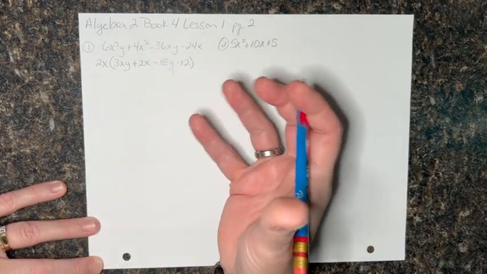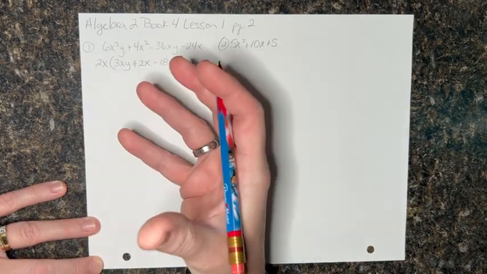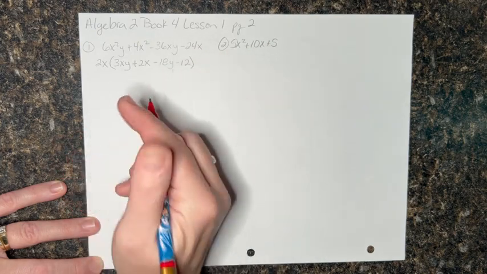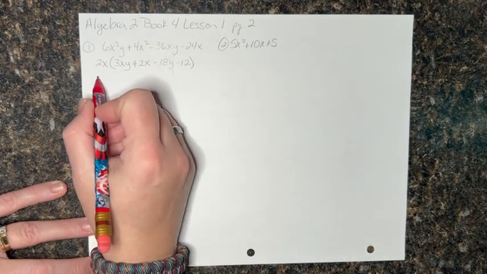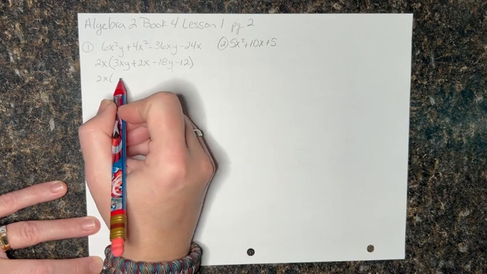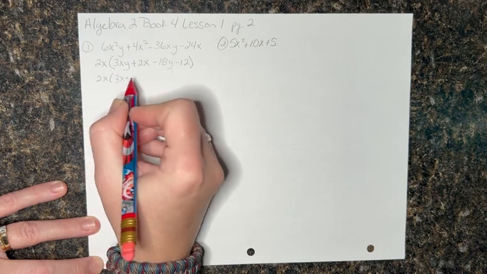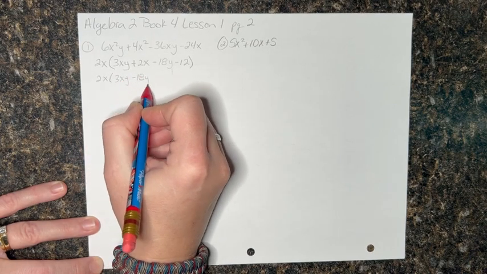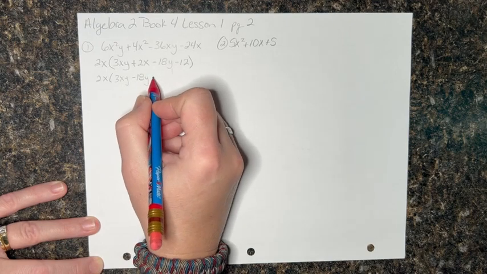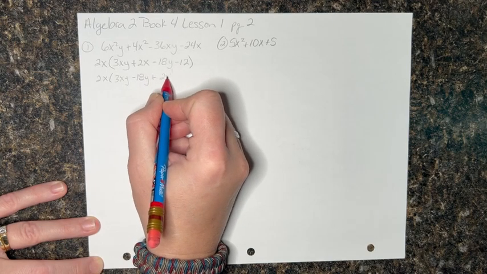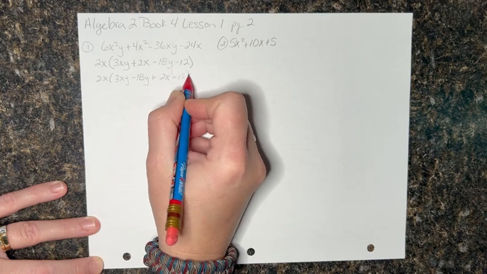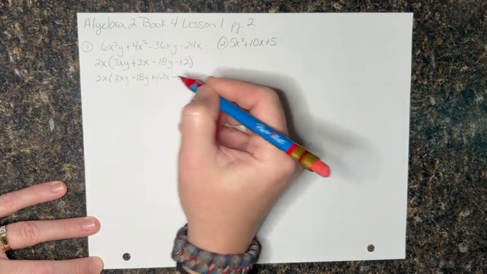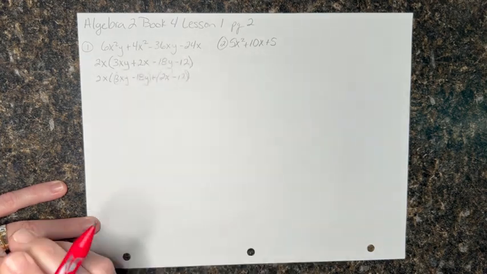Now we kind of need to group it together so that we can factor out some more. So I'm going to rearrange these a little bit. So I have 2x times the quantity, 3xy minus 18y, plus 2x minus 12. Now within here, I'm going to factor by grouping with these two groups.